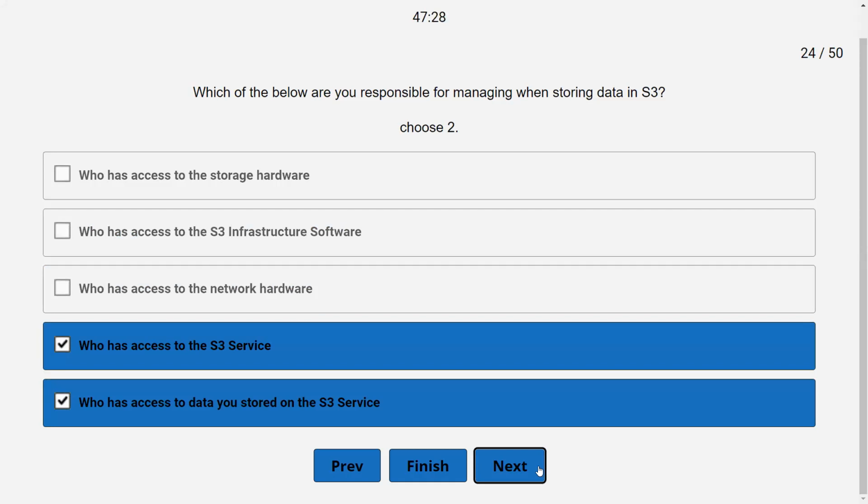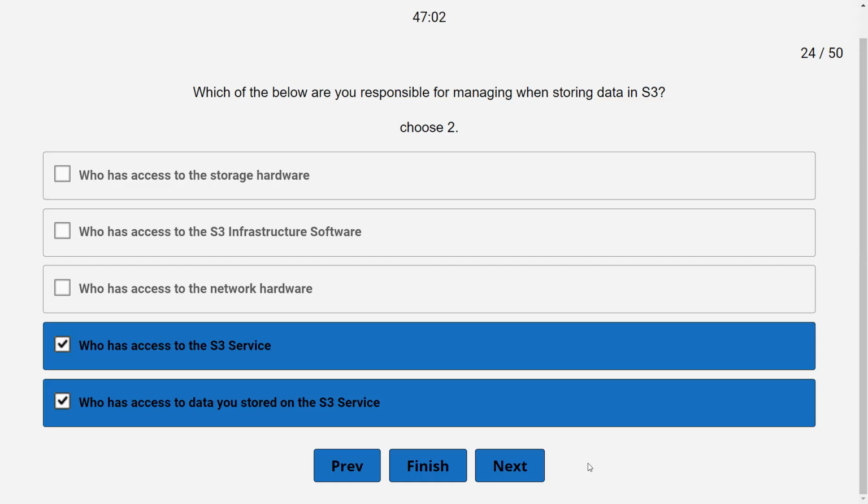The infrastructure software, for some of the AWS services, actually the customer is responsible for that. For instance, like EC2. So EC2 is a service. S3 is managed, right?